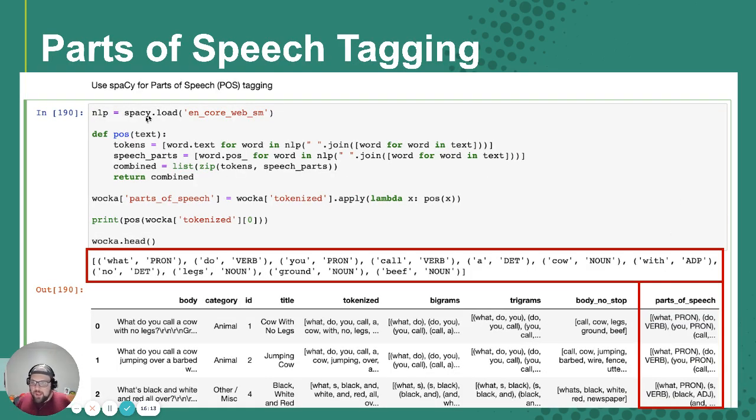For parts of speech tagging, we're going to use spaCy again, create a custom function, and then pipe that to a data frame using a lambda function. You'll see in this example, what is a pronoun, do verb, you pronoun, call verb. Everything gets broken down into this combination of the word and the part of speech.